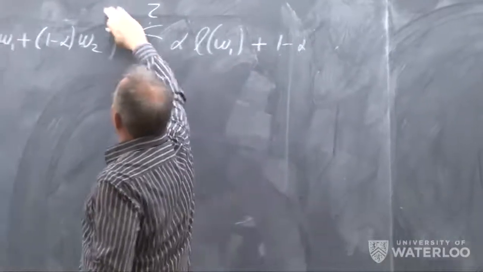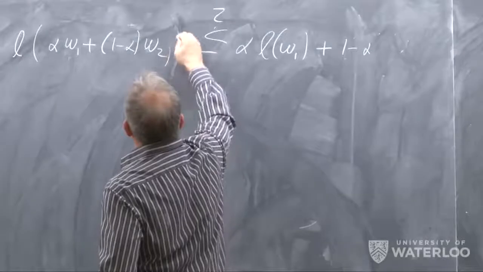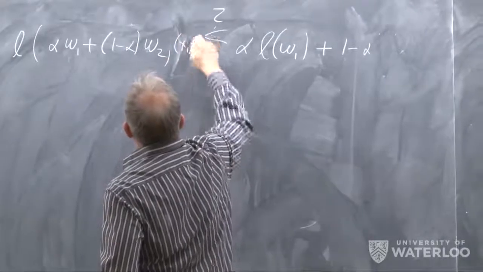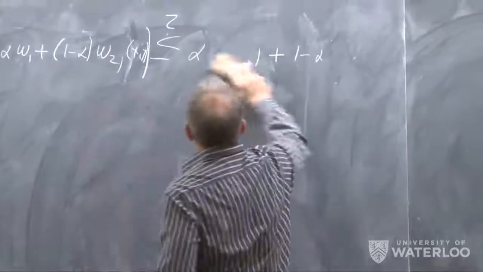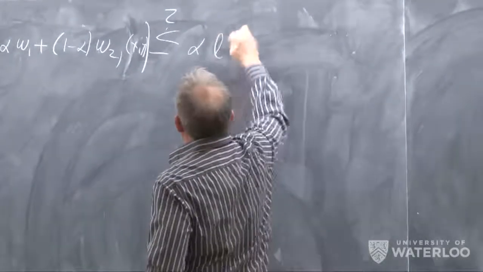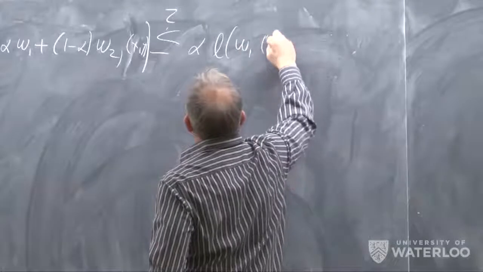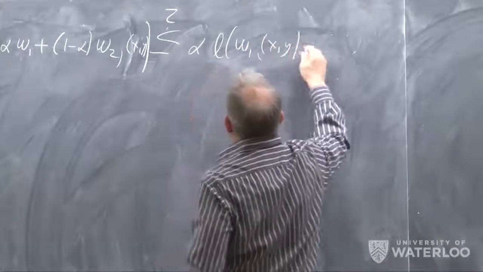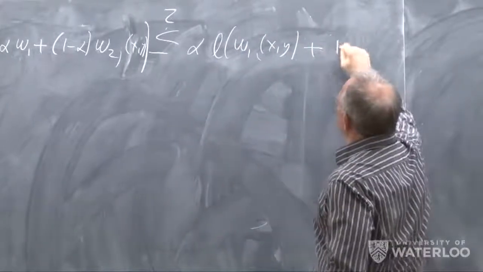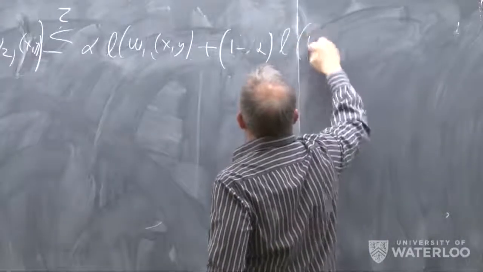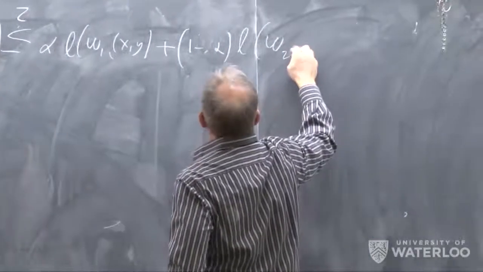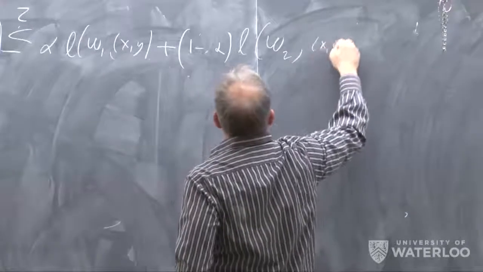This is the loss with respect to some x, y, and everything is a loss with respect to the same x, y.